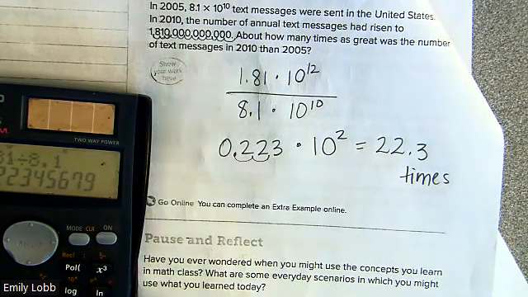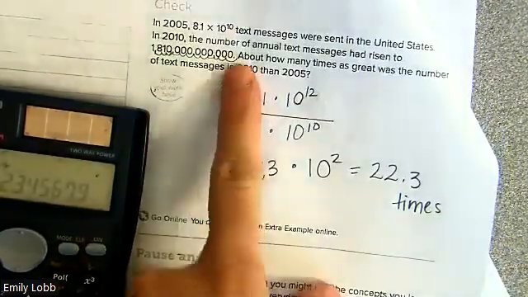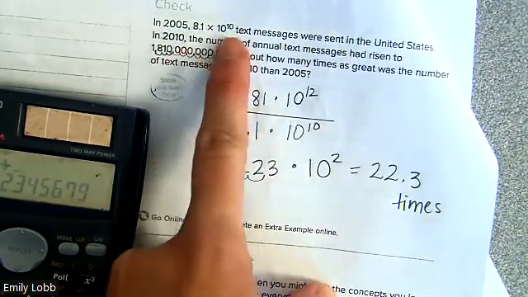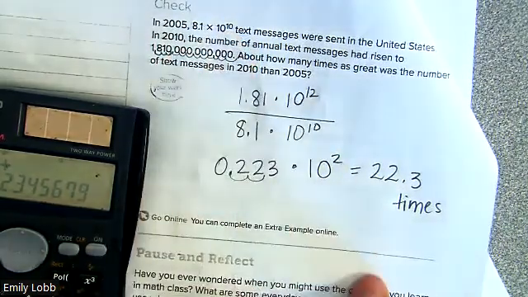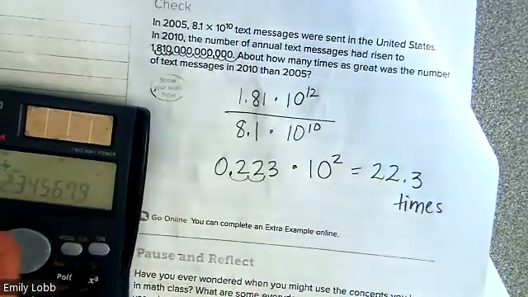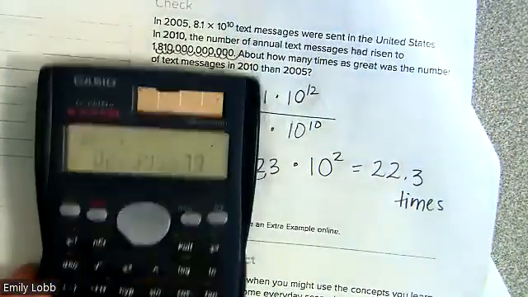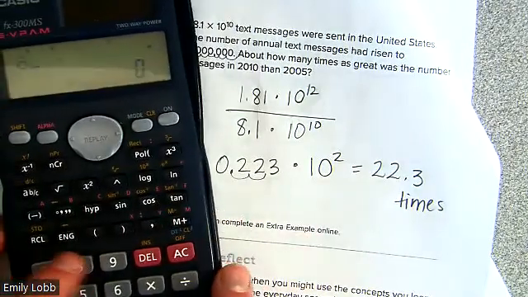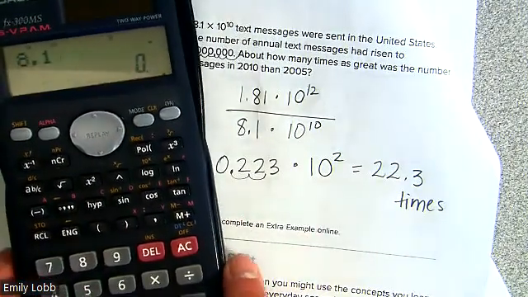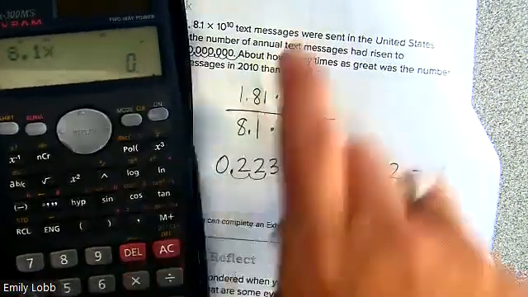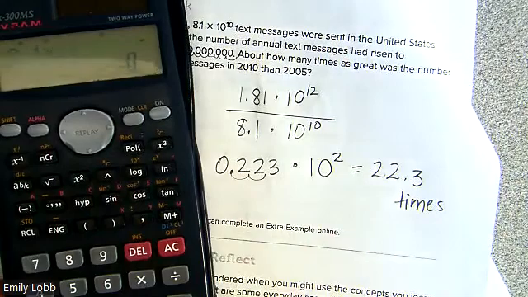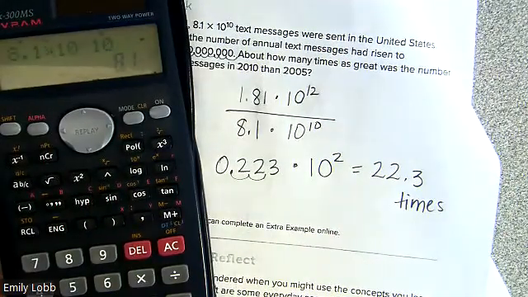Now, if you wanted to change this to a number and then say this divided by that in standard form, would you still get 22.3? Yeah, so if you wanted to do it a different way, you could say 8.1 times 10 to the 10th, if you're not sure how to do this, but I recommend you practice moving it 10 places.